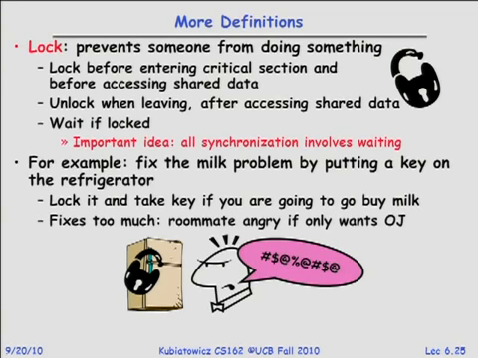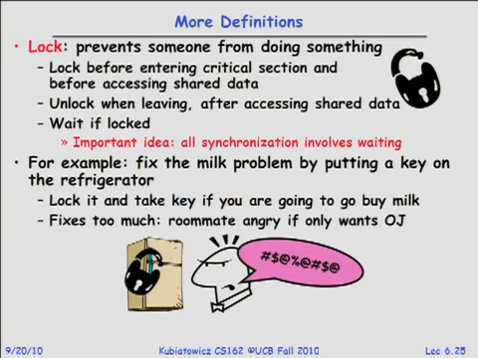The roommate only wants orange juice and you've just locked him out of the refrigerator. But it does fix the synchronization problem and you do make them wait. We also don't know how to make a lock yet, so that's another problem. I give you this abstract thing of locking up the refrigerator, but I don't know how to make it yet.